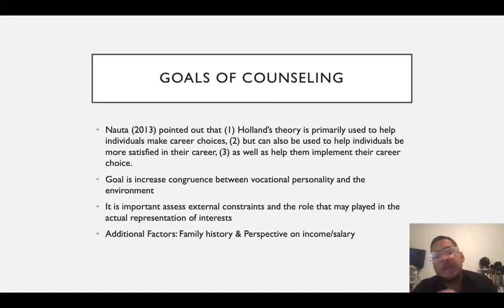And also, lastly, I think this is very important too, because sometimes you may have a job that may align perfectly with your vocational personality and work environment, but the salary may not be worth doing what you're required to. For example, social work.